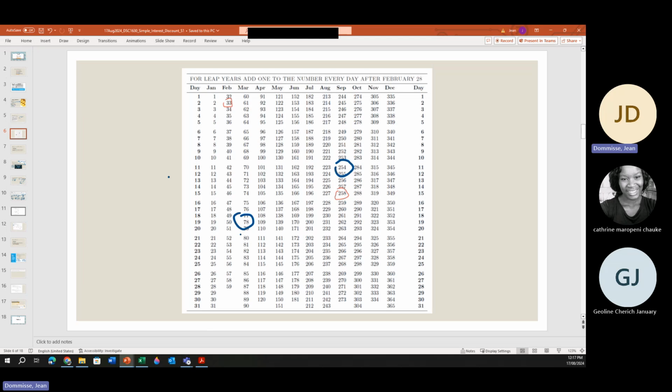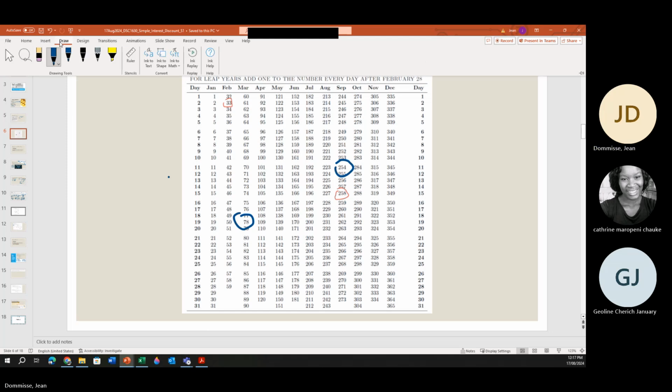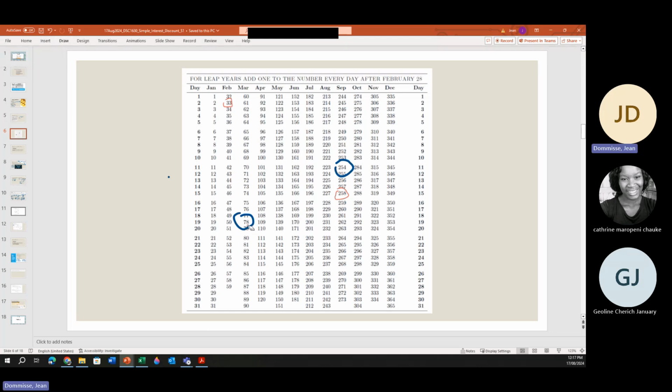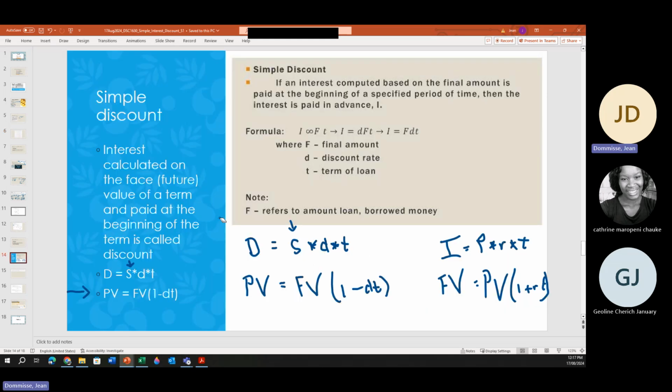Okay, so again, when you get the presentation, just play around with this, because they will definitely ask it in the assignments. They will not ask it as in work out the number of days.